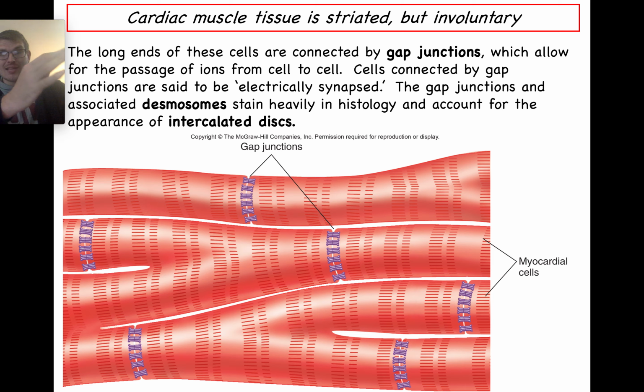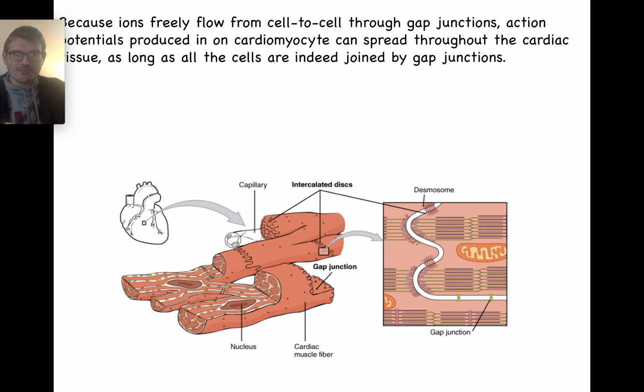So ions and depolarization or hyperpolarization can actually spread from cell to cell to cell, provided that those cells are joined by gap junctions. And then these intercalated discs also contain another type of junction called a desmosome, but those are not really important to electrical synapsing, so don't worry about those too much.